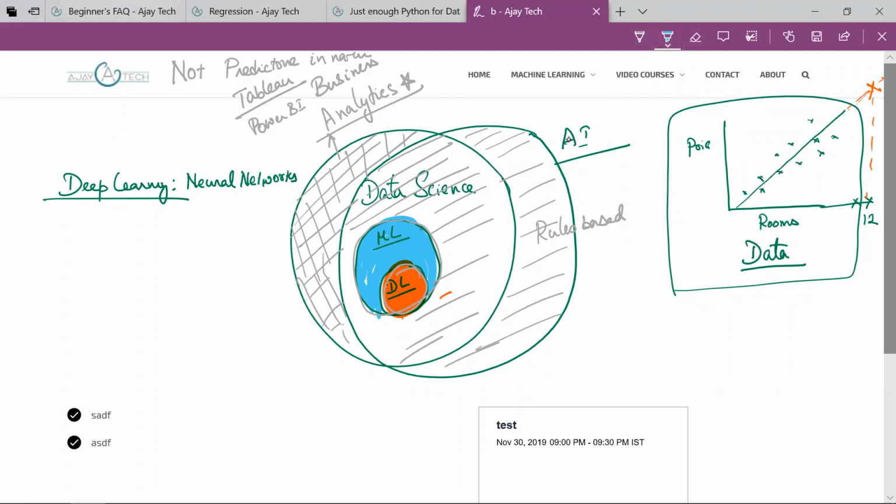So in this course we will be focusing mostly on the part that this is enclosing, right? So we'll be covering the data science part here, ML and deep learning. All right.